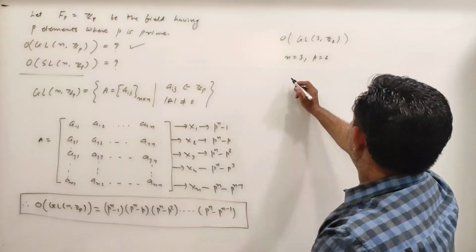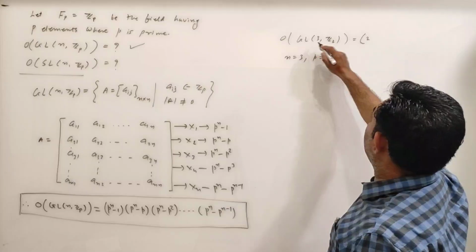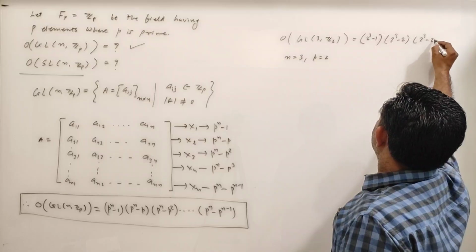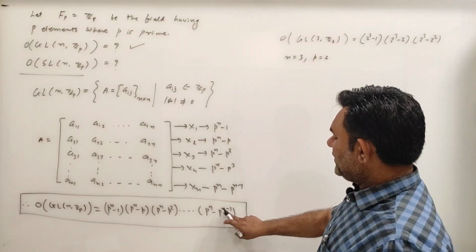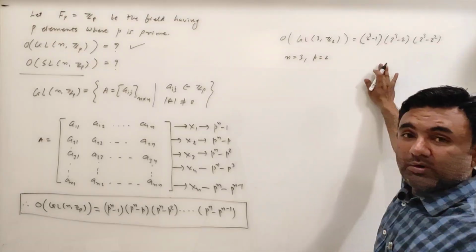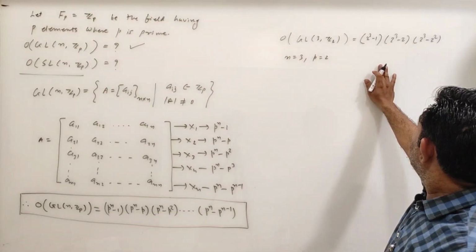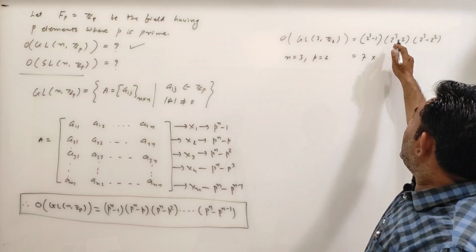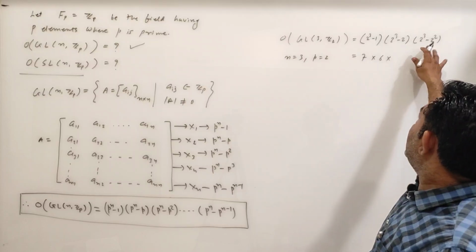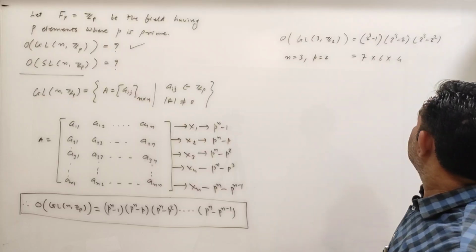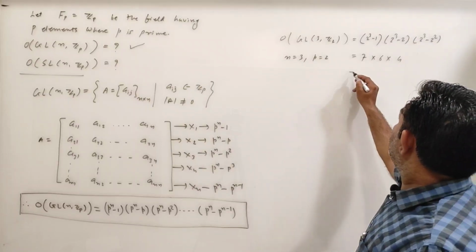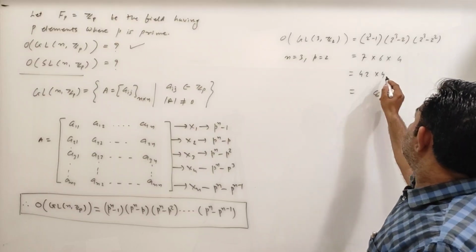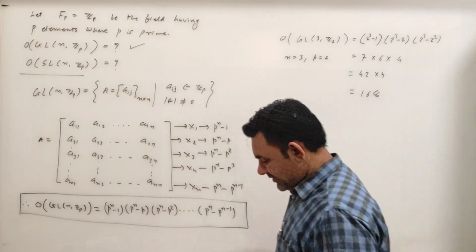So according to this formula, what do we have? 2 cube minus 1, 2 cube minus 2, 2 cube minus 2 square, up to P raised to n minus 1, that is 2 square only. So this will be 8 minus 1, 7, 8 minus 2, 6, and 8 minus 4, 4. So it is 42 into 4, which is 168.